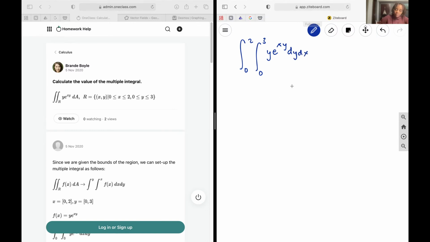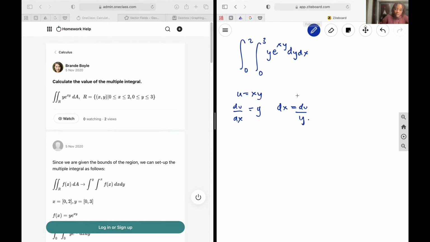For this one, we'll make the substitution u is equal to xy. So du over dx is going to give us y, so we get that dx is equal to du over y.